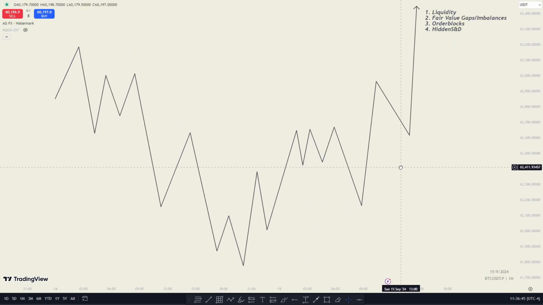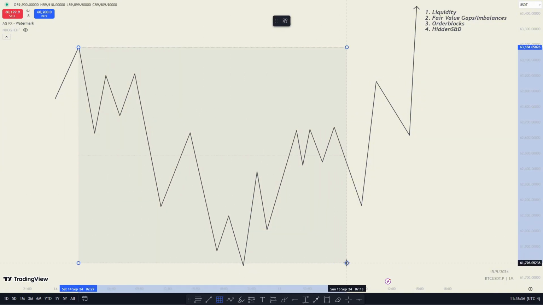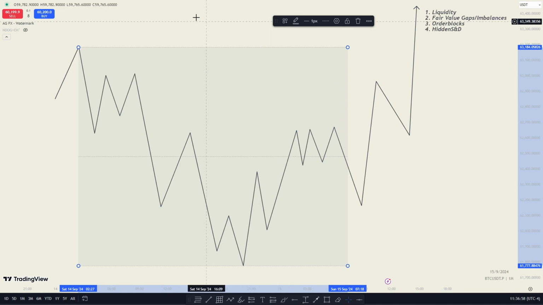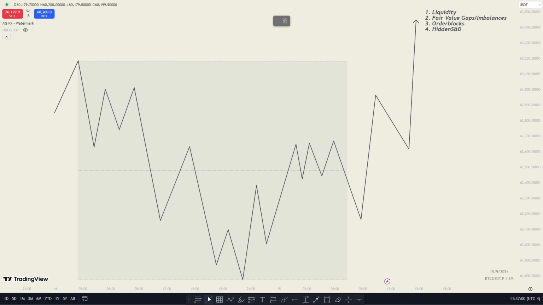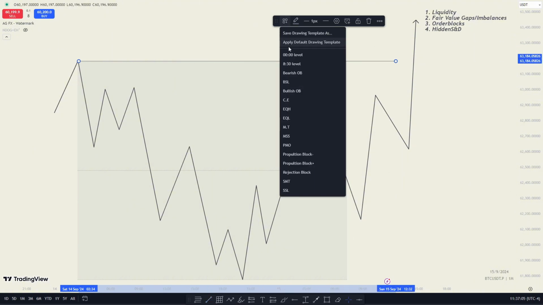Now it's very important to understand the concepts of internal and external liquidity. Obviously, it's all relative, but here we have this range. And in this range, I think it's obvious that external liquidity is here.